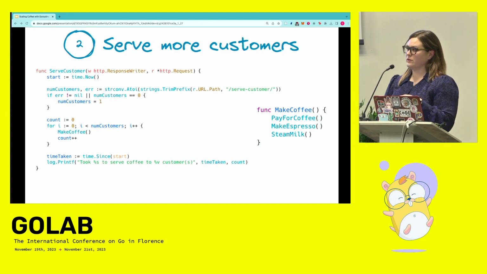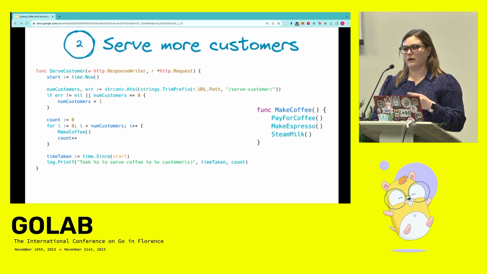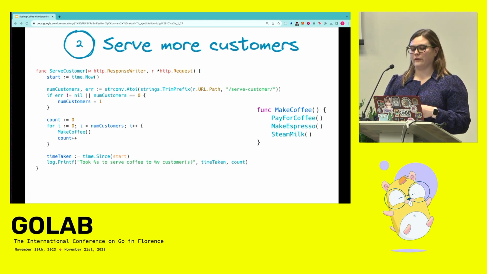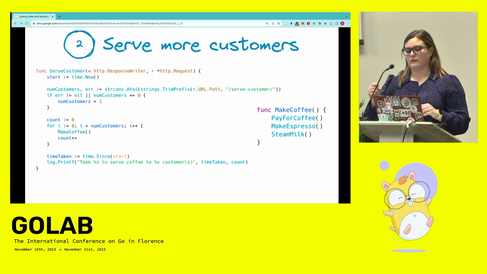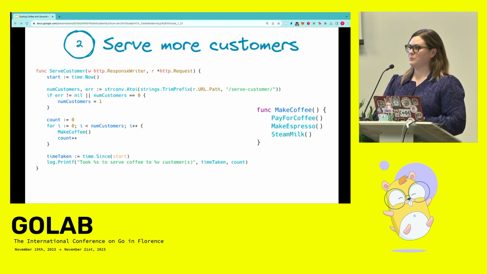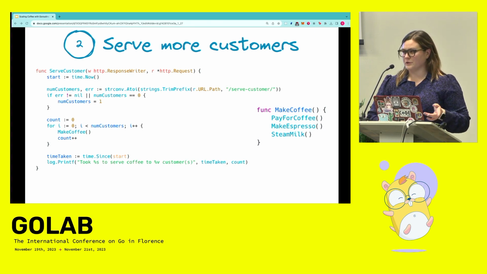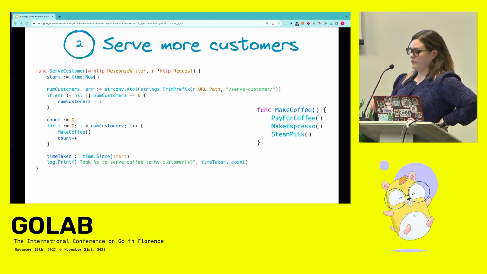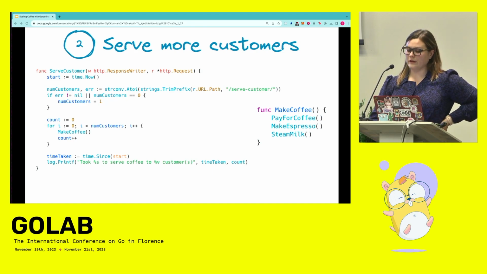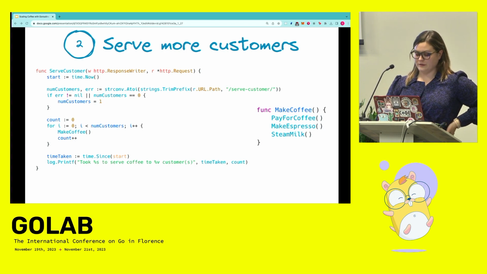The main function is using the HTTP package to set up a route that parses an optional parameter for the number of customers, and then it loops through the number to make a coffee for each person. So we're still testing the time it takes to run, and at the bottom we'll print out the number of customers and how long it took to serve them. I've also just bundled the 3 actions into a helper function called makeCoffee, which will run each of these 3 actions.